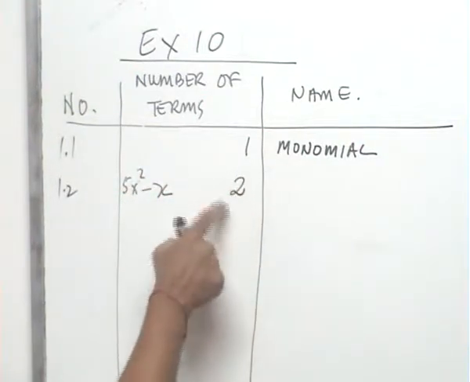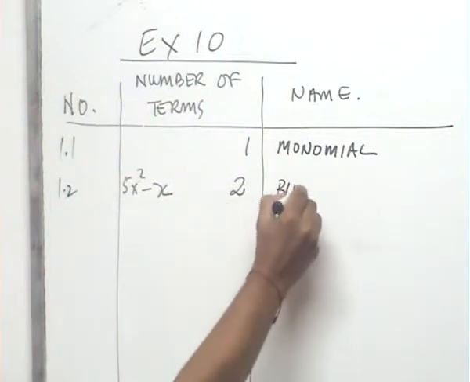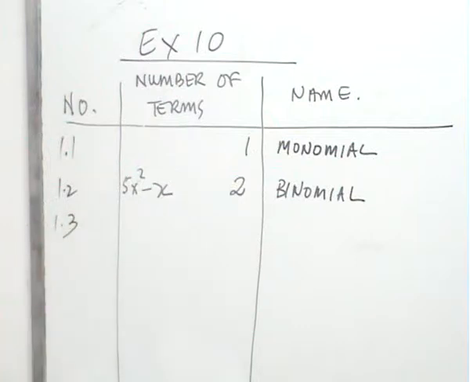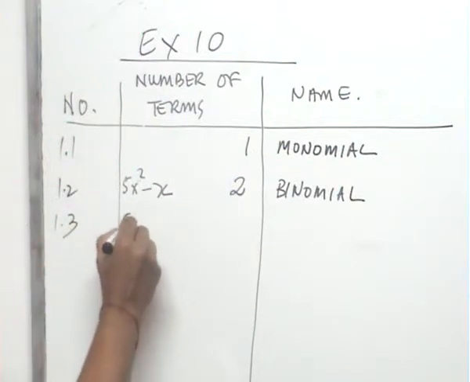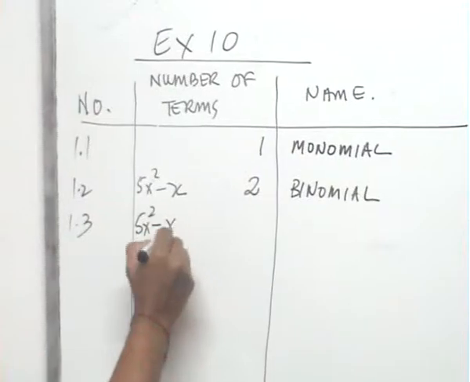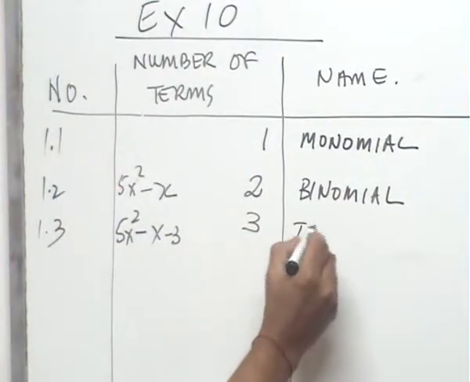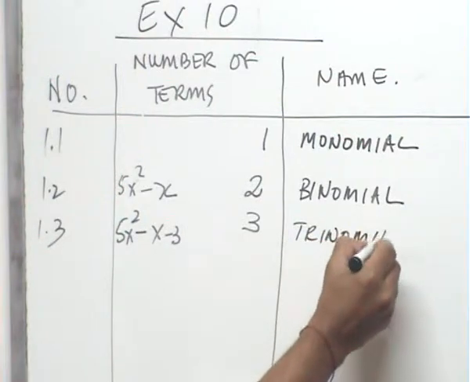So there's 2 terms and this is a binomial. 1.3, 5x squared minus x minus 3. So there's 3 terms here. So this is a trinomial.